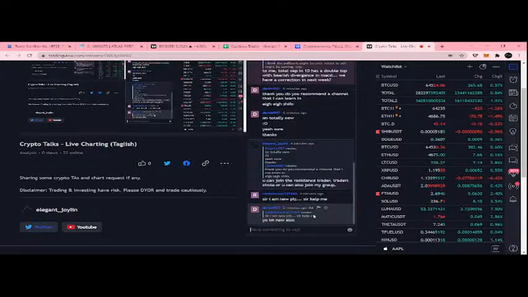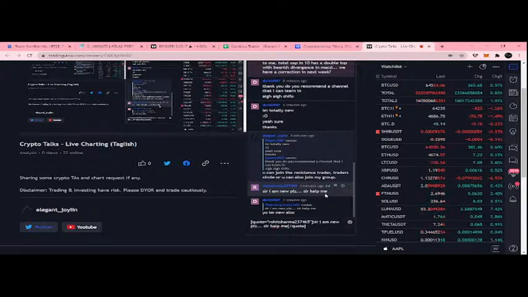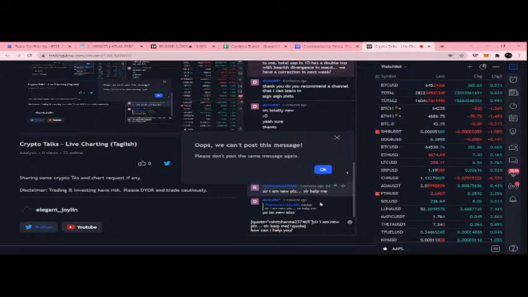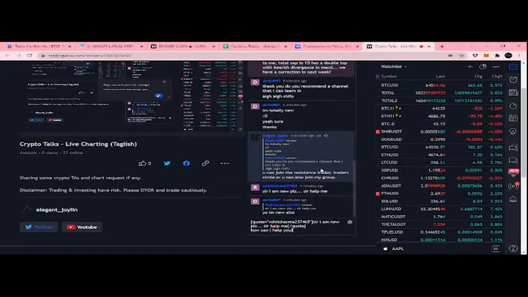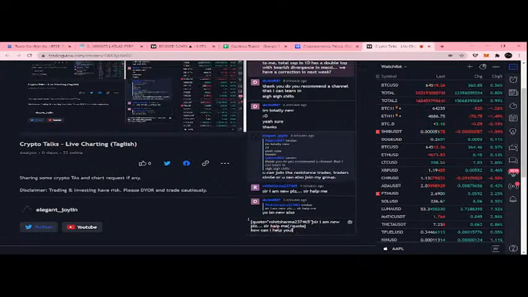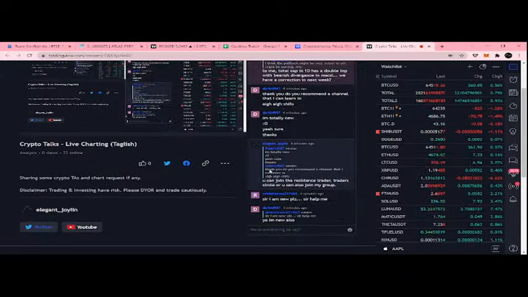Ha? Nag-reply ako eh. Ba't hindi lumabas? Oops, same message daw. So sabi niya, meron na. Sabi ni, trading view. Pero hindi ko nakikita yung reply sa kanya.